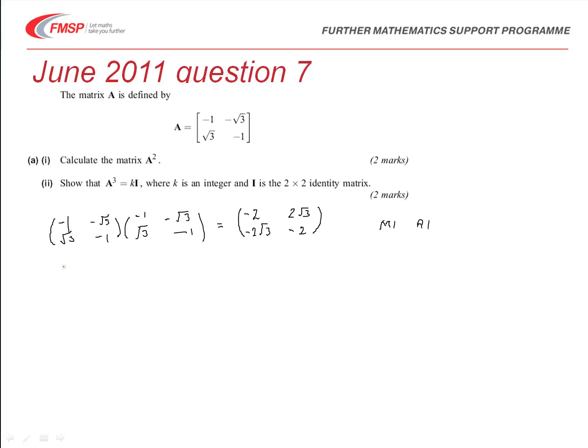Moving on to part 2, it then says work out A cubed. So we can see that to get A cubed we've got to take A squared, so that's the answer that we just got, and we will have to multiply it by A once again.